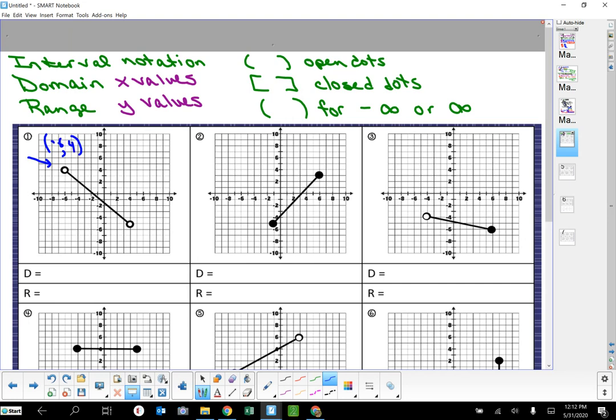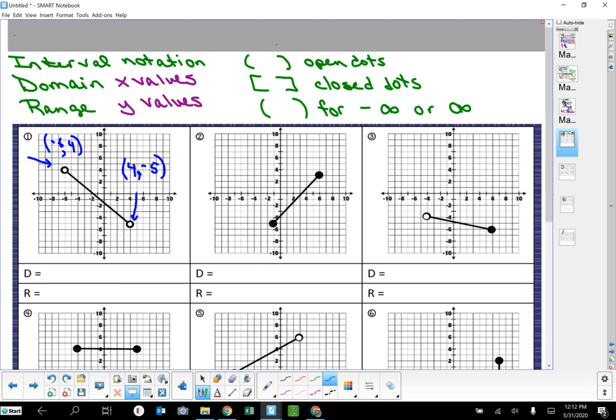And this dot down here is going to be 4, -5. Okay. Now, when you do your domain and range, we always want to go from least to greatest.